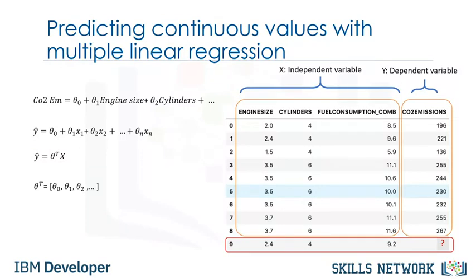Conventionally, it is shown as transpose theta. Theta is also called the parameters, or weight vector of the regression equation. Both these terms can be used interchangeably.